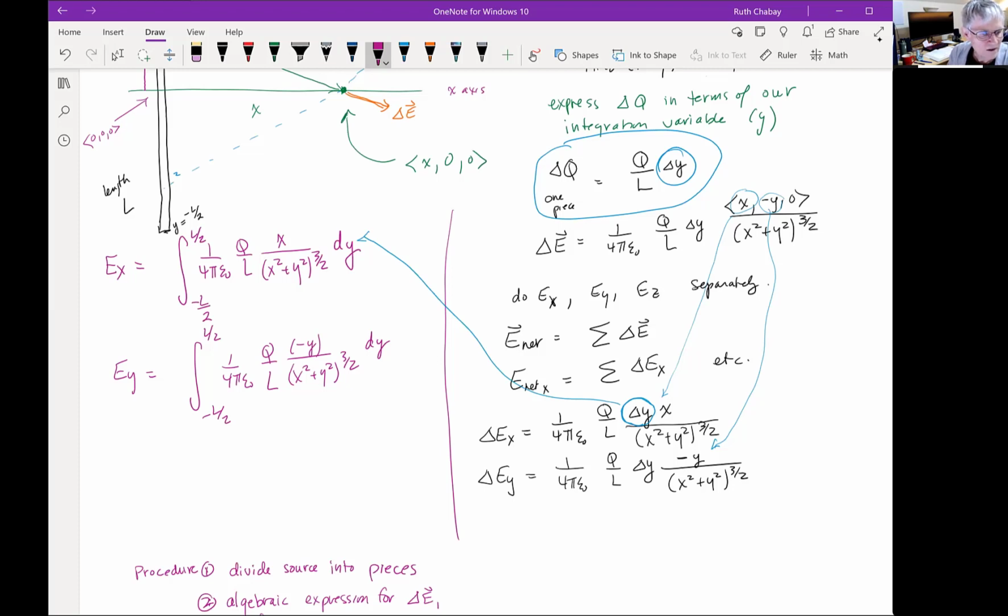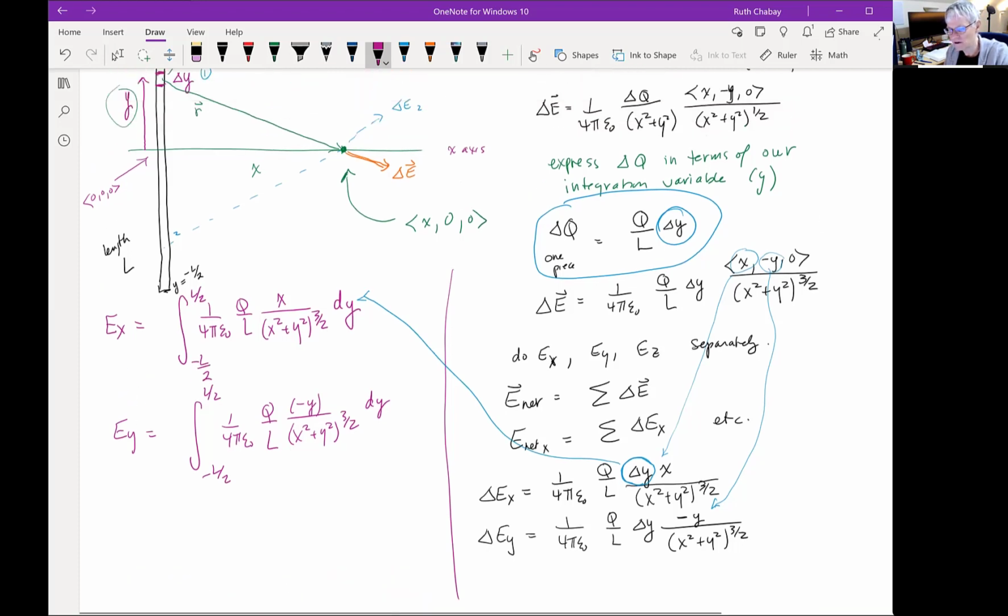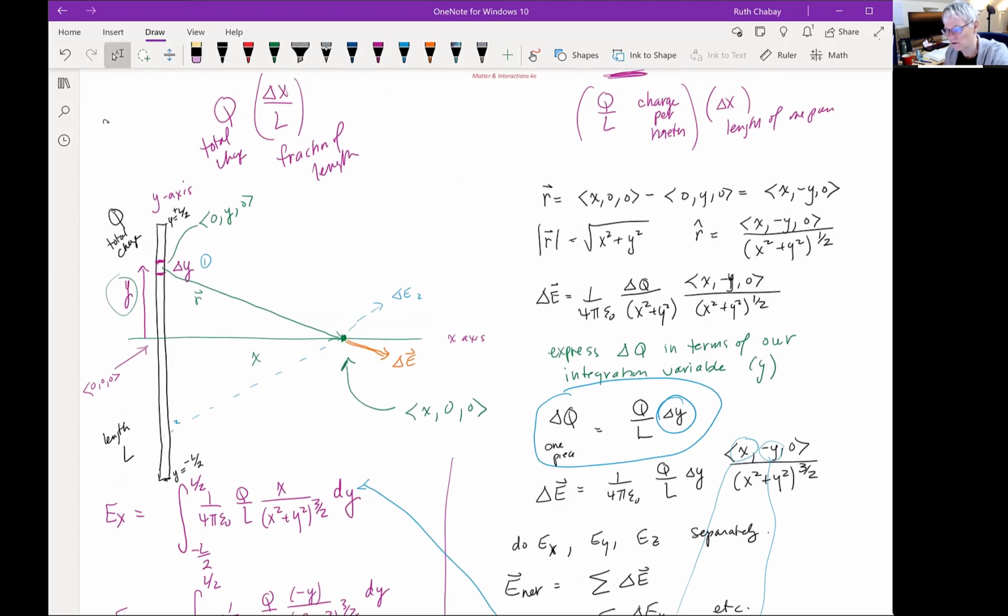And now you're going, oh boy, now I get to use its dy, because remember, y is our variable. The variable is what's varying here. X is some value here. That's the distance from the rod, but that's not changing.